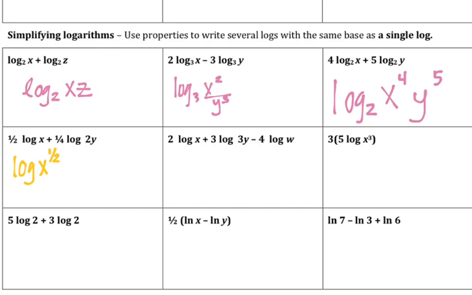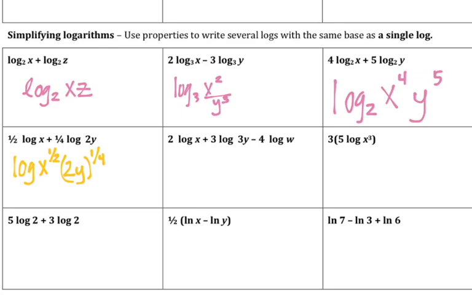I can write it as log base 10 of x to the 1/2 plus, or sorry, my bad, times, because I'm working in reverse now, 2y raised to the 1/4. Well, it's very important that you put that 2y in parentheses if you're using fraction exponents, because the 1/4 goes with both of those. So that's one way to write it.